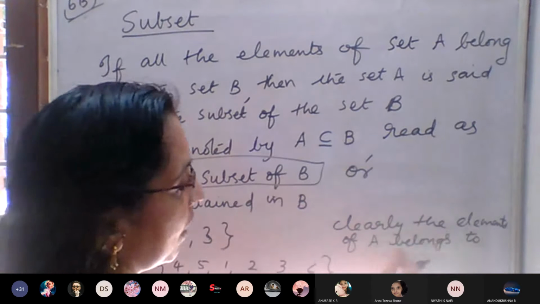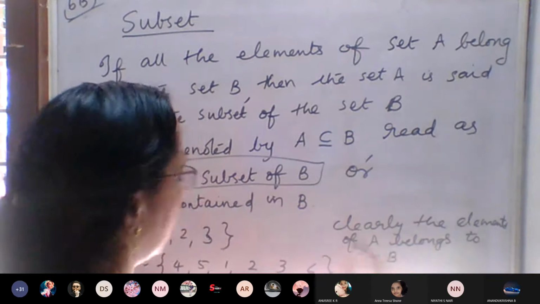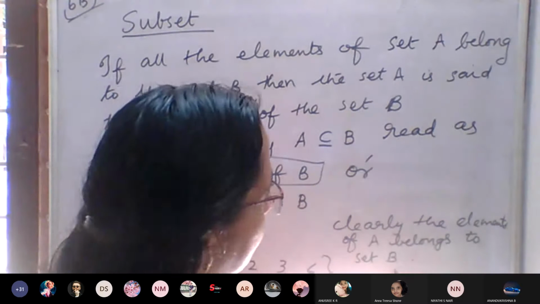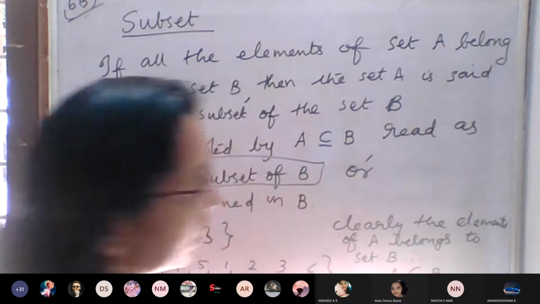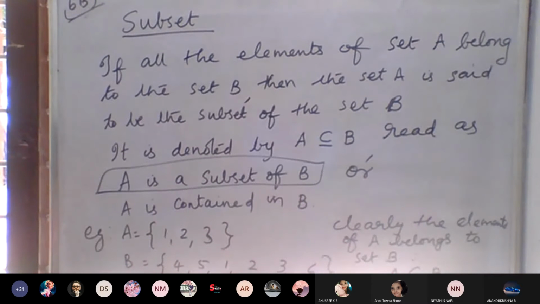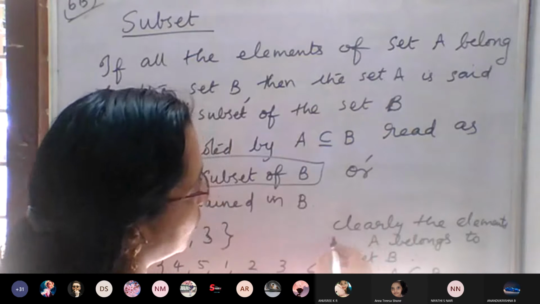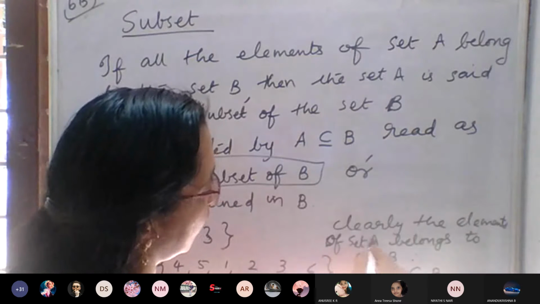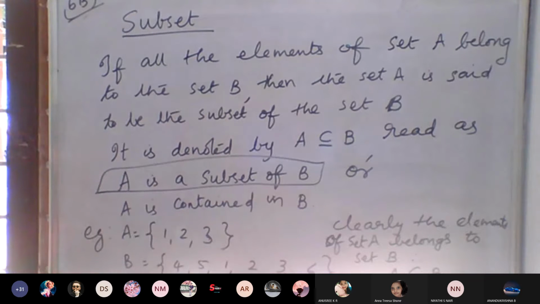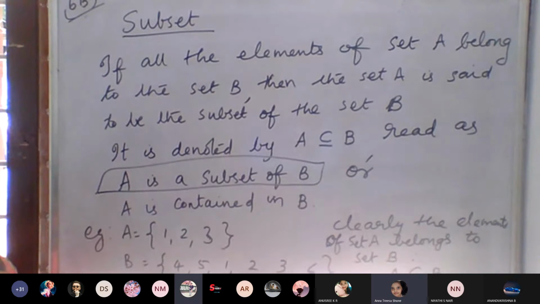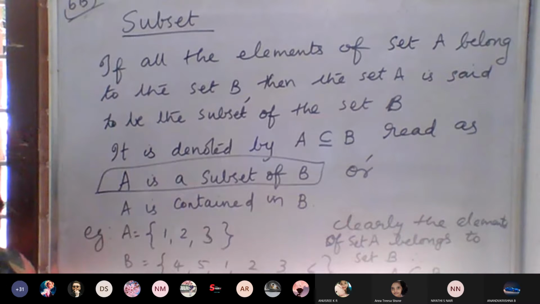All the elements of A belong to set B. Therefore, we can say that A is a subset of B. Is it clear, subset?